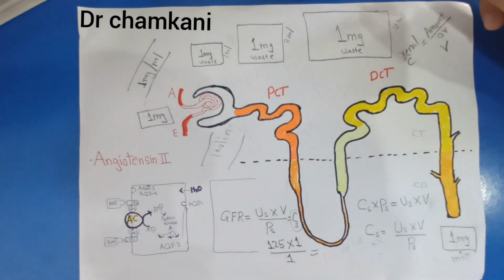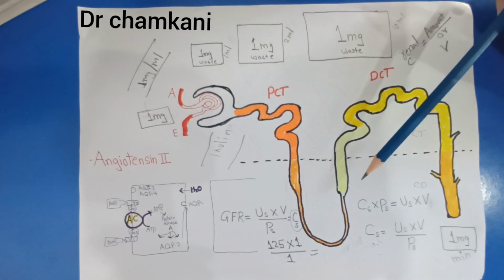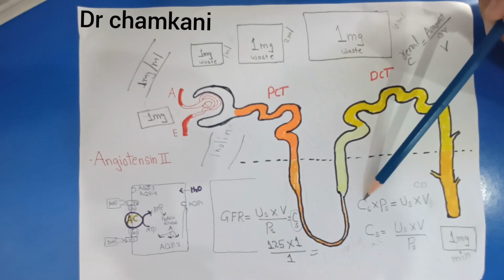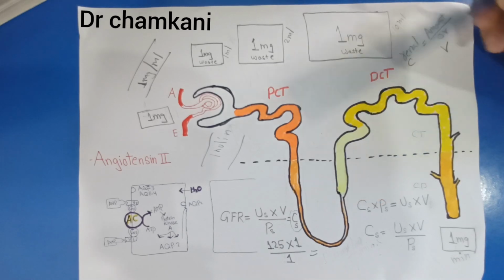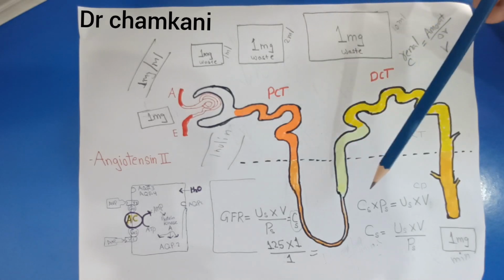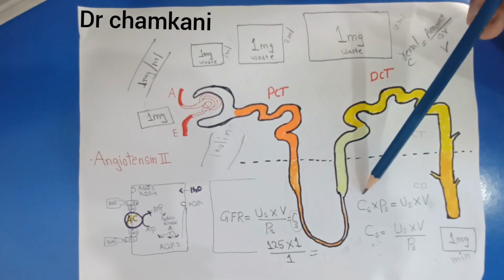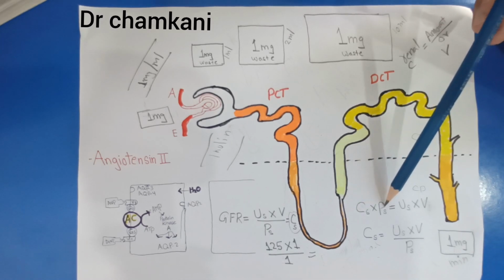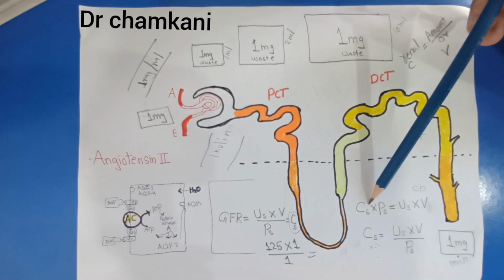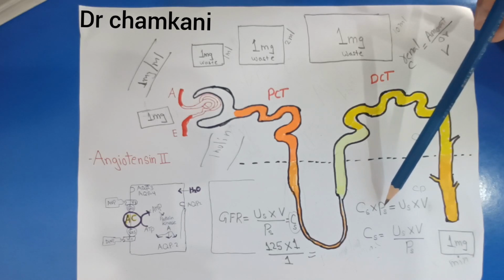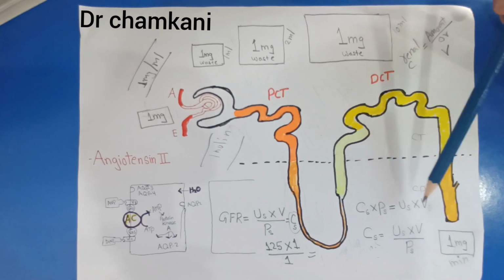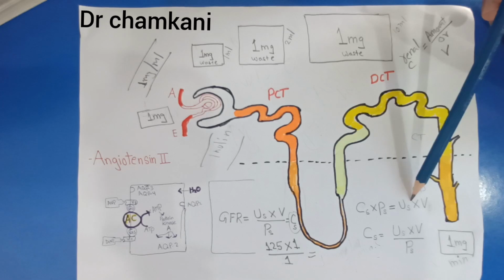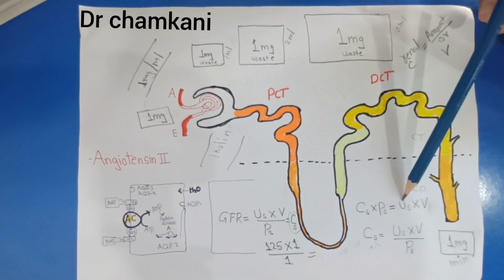So the equation that we use to calculate the clearance is this: we have C for clearance of the substance, which is the waste material, sometimes creatinine, sometimes some other substance, but mostly we take creatinine into account. Clearance times concentration of the substance in the plasma is equal to volume of urine formed times concentration of that substance in the urine.